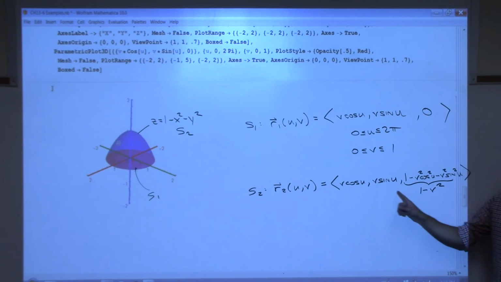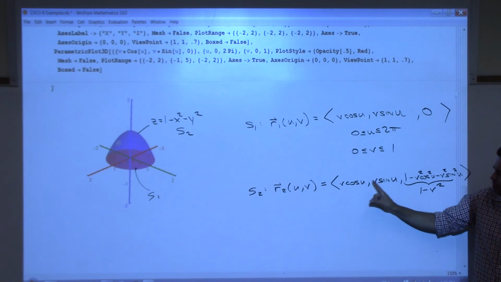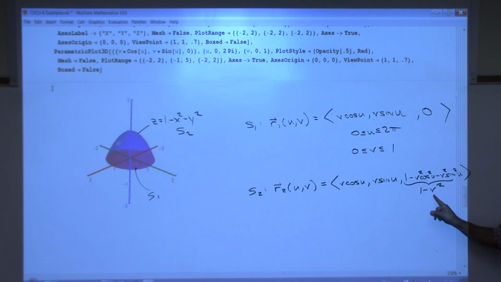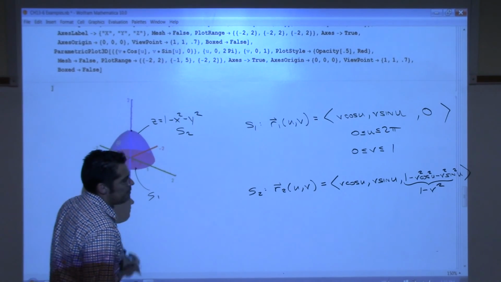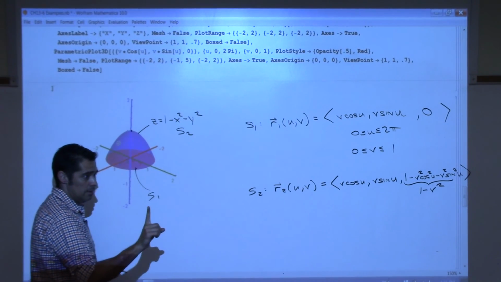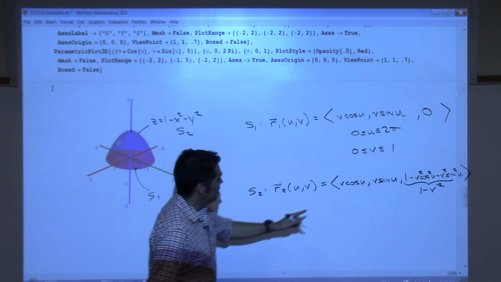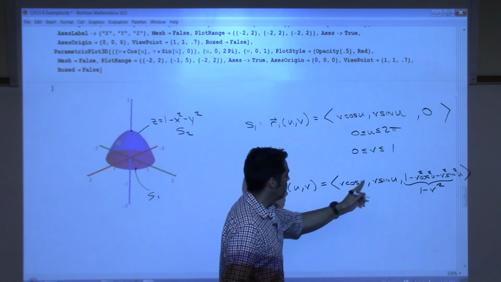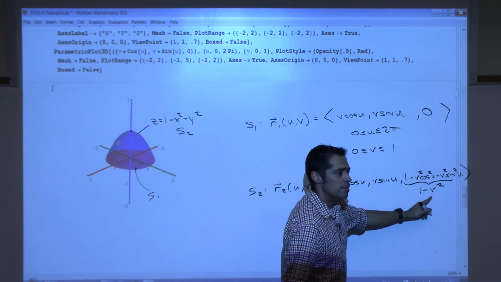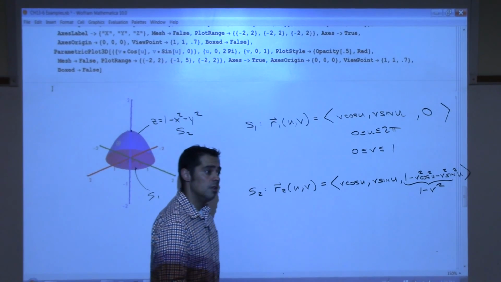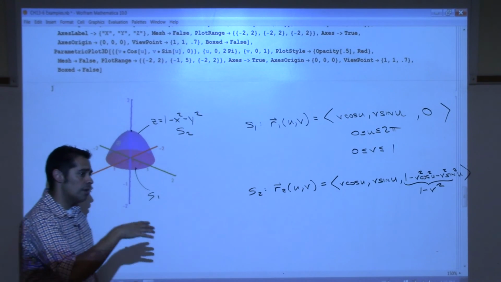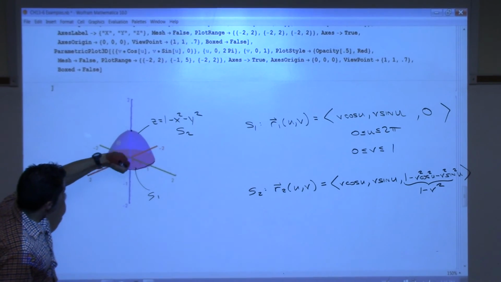See, and this is the thing when you let v be 1, right? I'm sorry. Let's let v be 0. When v is 0, where are we? 0, 0, 1. We're up here, right? Let's let v be 1, which is a radius of 1. We'll be at 1, 0 over here, and then this will be cosine u, sine u, 0, which is a unit circle, z coordinate 0, which draws me the bottom.